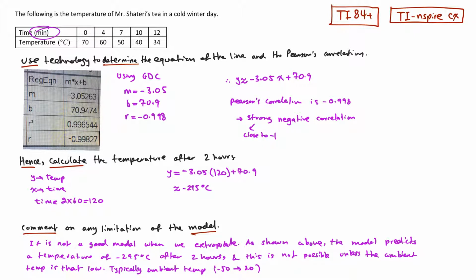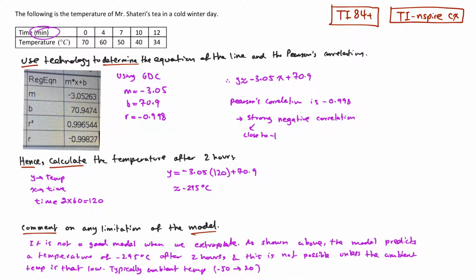So this is kind of the temperature that it should be at. However, after 2 hours, it's saying that it's negative 295, and that's too cold for our temperature. Again, you can write other limitations of the model as well, but in this case, the obvious one is the one that we found from the previous question.